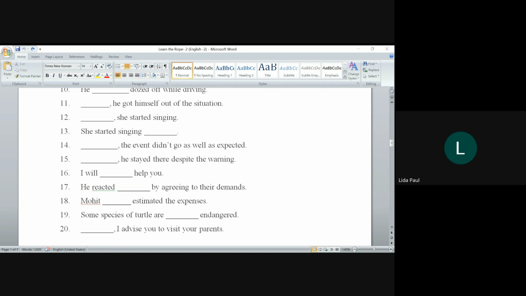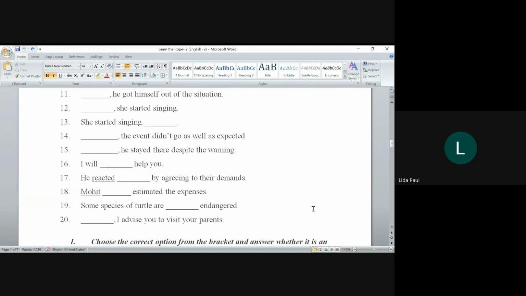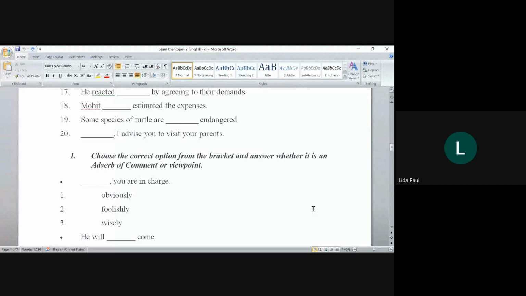All right. Fine. I think it's almost time. So this one, I think you got an idea of what the comment and viewpoint adverbs are. Now for the next exercise, the same activity, but they are spread over comment and viewpoint adverbs.